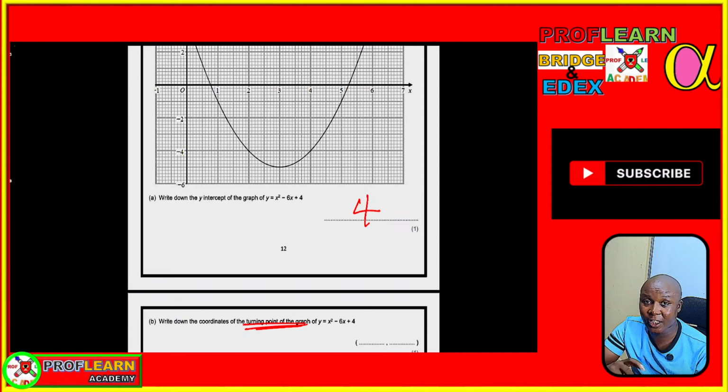If you are asked the coordinate where it cuts the y-axis, you write (0, 4). But if it's the intercept, you are going to write just the point, not the coordinate. But if a student had written this in an exam, examiners were instructed that they were supposed to award that mark. All right, Samuel, that is correct for the coordinates.